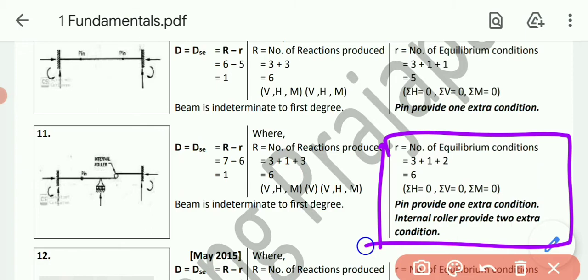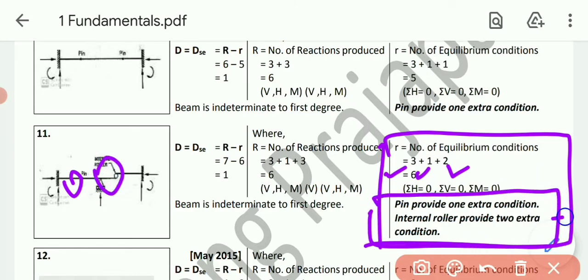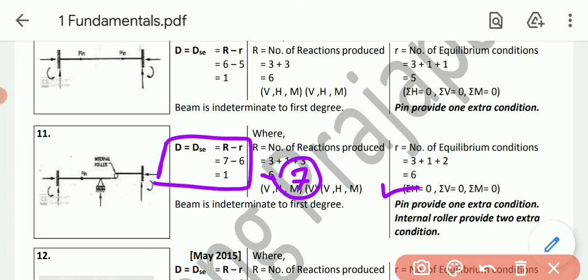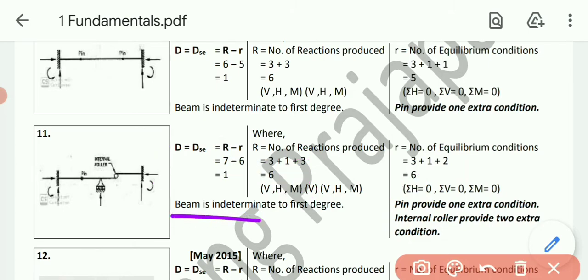Small r, the number of equilibrium conditions: 3 equilibrium plus 1, that is of the pin, and plus 2, that is of the internal roller. So ultimately reactions are 7 and equations are 6. So DSE, capital R minus small r, 7 minus 6, the answer comes 1. As it is 1, the beam is indeterminate, first degree.